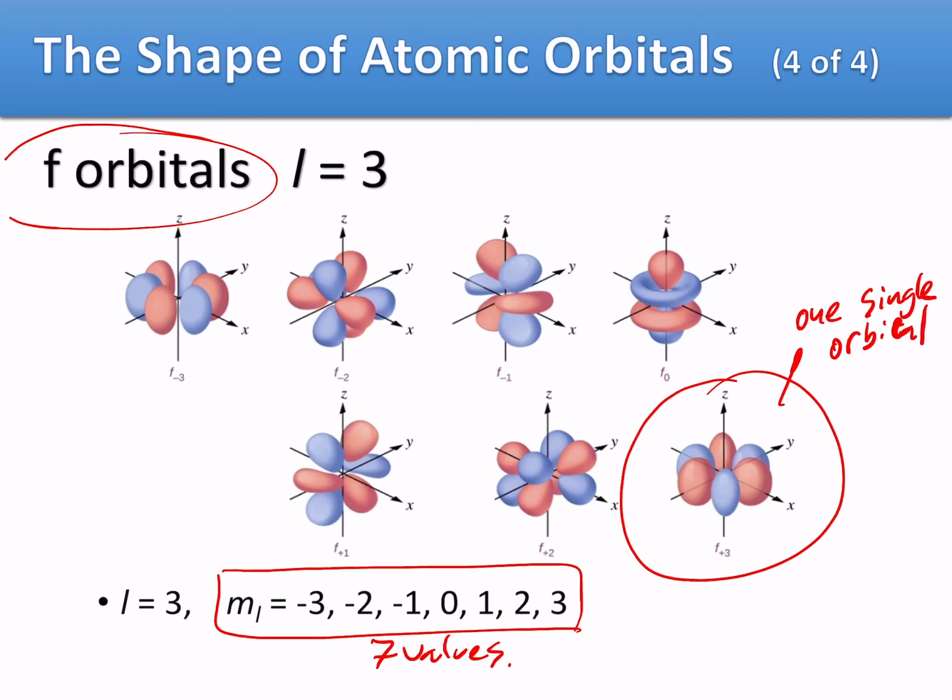It doesn't matter how many subregions each one is divided into, one single orbital can only hold 2 electrons. So if you have a total of 7 orbitals here, and each one can hold only 2 electrons, you have a total of 14 electrons that you can have in a set of f orbitals.